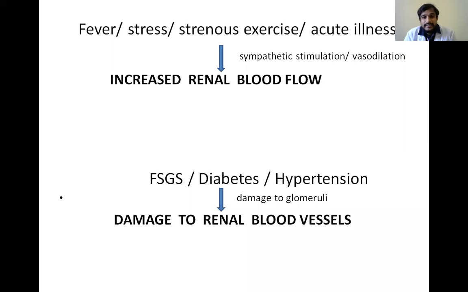And in renal diseases like focal segmental glomerulosclerosis, diabetes, and hypertension, we know there is direct damage to the blood vessels of the glomeruli, and the filtration will be affected, and this also leads to the excretion of proteins, proteinuria.